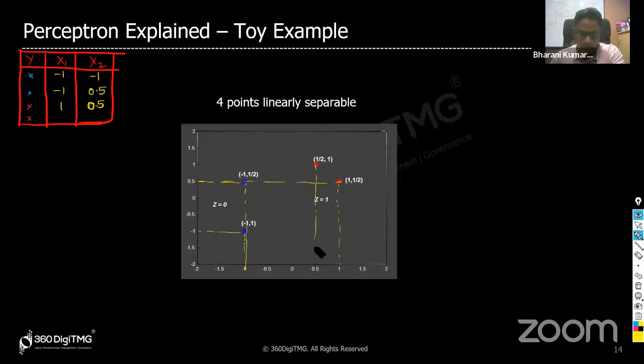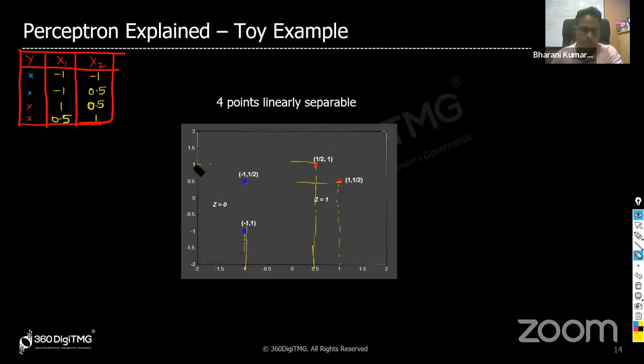And then here you have 0.5 and 1. These are the various inputs that you have. This is a data set.